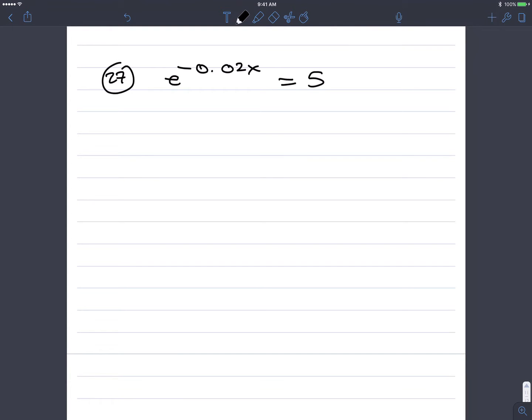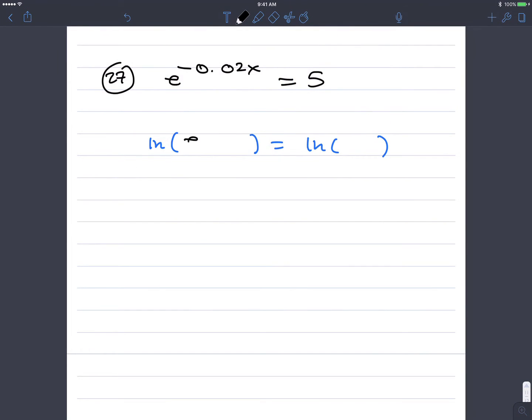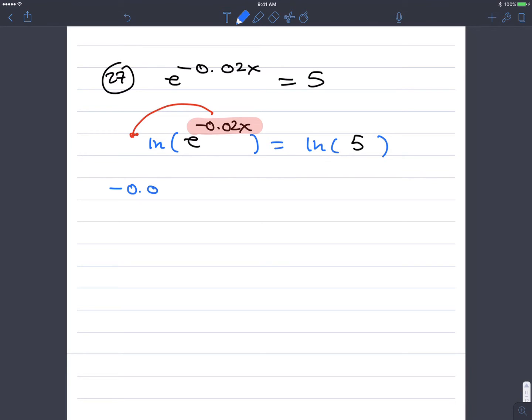Okay, 27, I have e to this negative 0.02x power is 5. You're now going to take the natural log of the left, the natural log of the right. On the left we have e, negative 0.02x, and I have a 5. Pull out the power rule. Negative 0.02x, natural log e, is natural log 5.